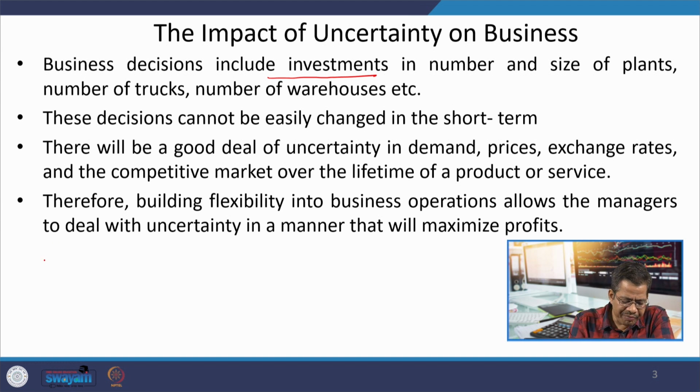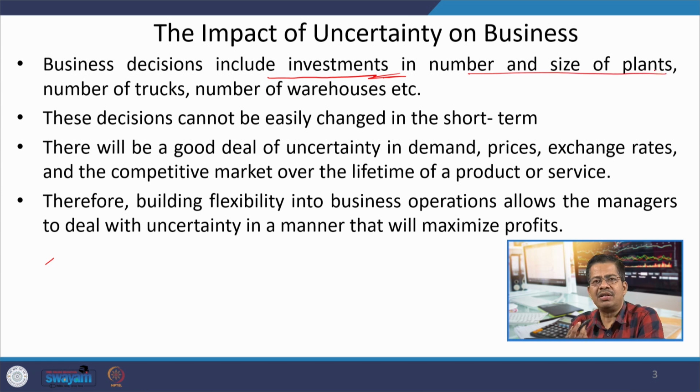If you stock one additional unit, for example, whenever we are talking about inventory and revenue optimization, we will see whether we should stock one more unit, and whether by stocking one more unit our expected profit is going to increase or decrease. These kinds of decisions are very common, and with the help of this tool, the decision tree, you can very conveniently make such decisions, like investment related decisions in plant size.